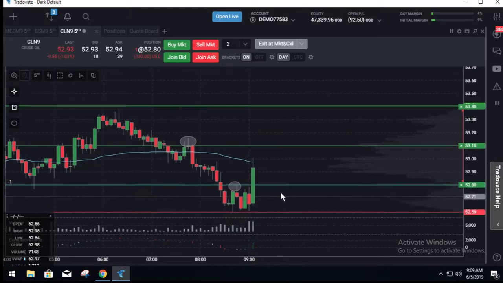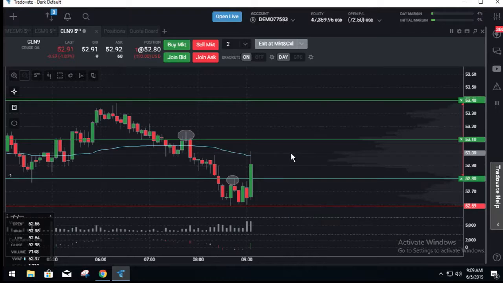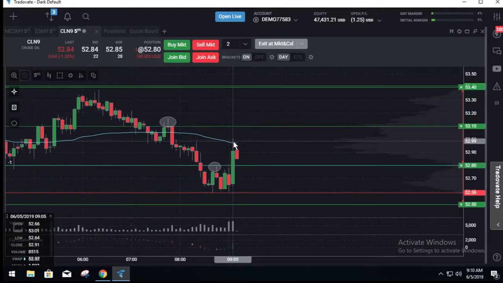So that's a perfect example of how you reduce risk. If you're trailing stop, you're taking 9 points of loss there. So yeah, the test of the 53 is a push.